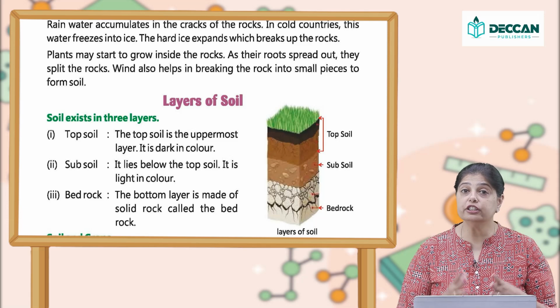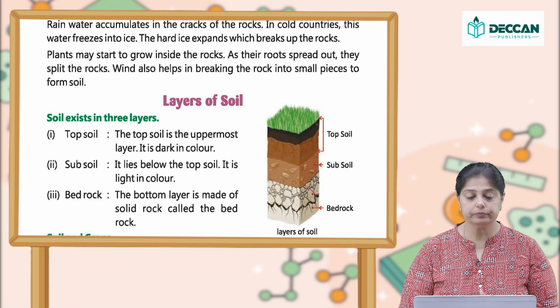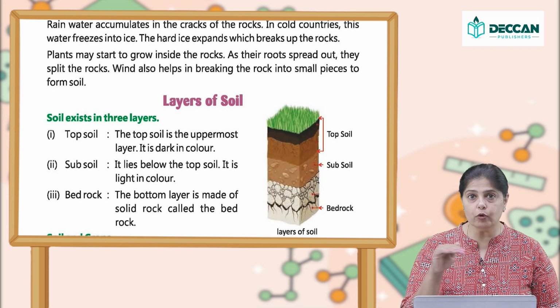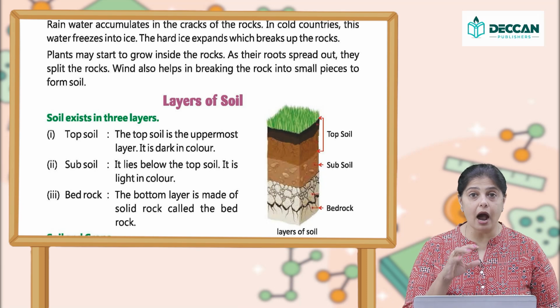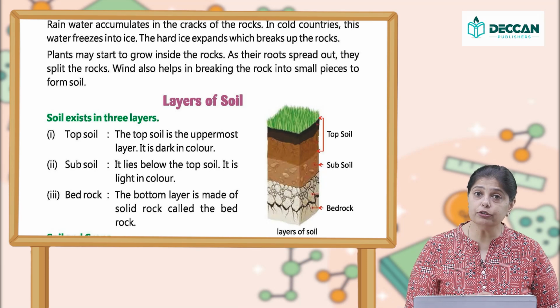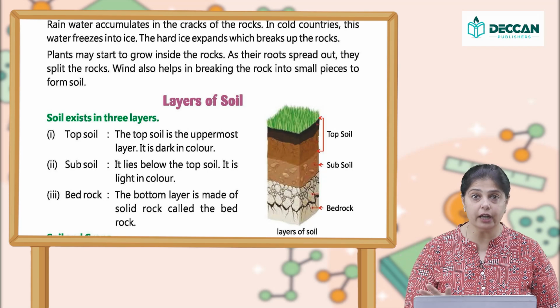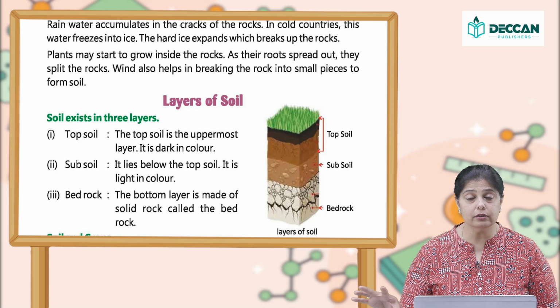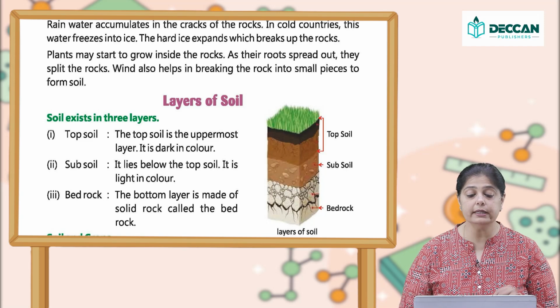Now let's talk about the different layers of the soil. The topsoil is the uppermost layer, and it is dark in color. Now there are certain regions where the soil is of a different color. That depends on the region and the climate of that area. All right.